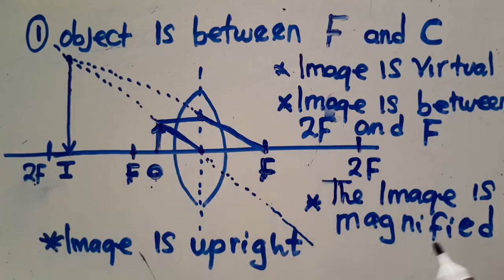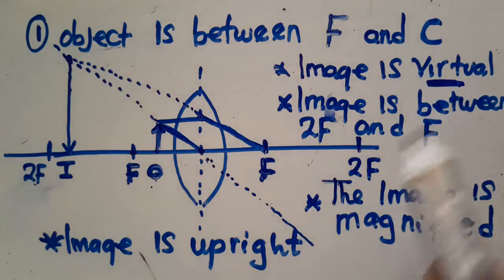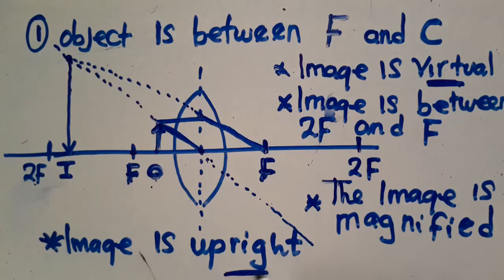There is a word here I said at first which is virtual. I said the image is upright. And these are formed on the same side as the object.